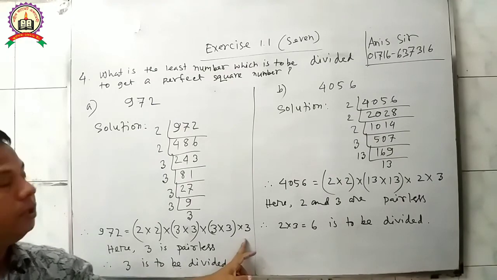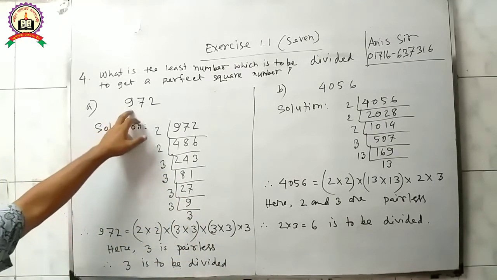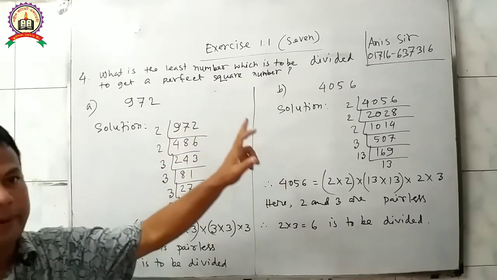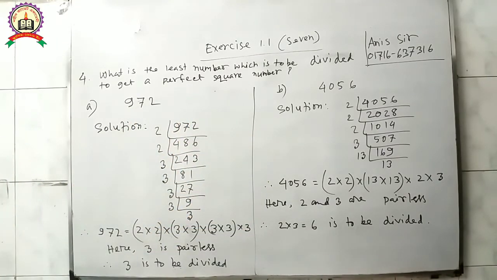So if we divide 972 by 3, then the quotient will be a perfect square number. So 3 is to be divided.